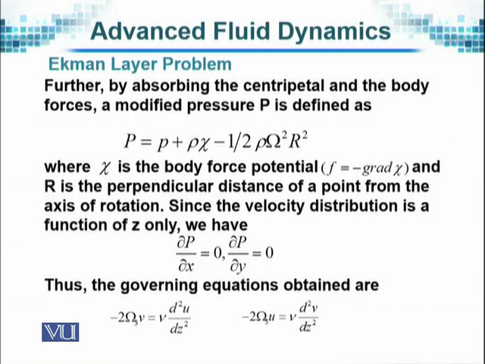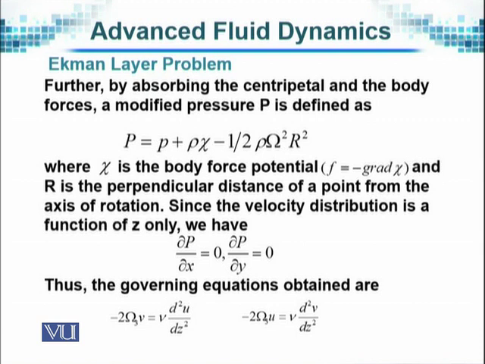Now further, by absorbing the centripetal and the body forces, we define a modified pressure P, in which we take the atmospheric pressure plus rho times chi, where chi absorbs the gravitational forces, or what we call body forces, minus half rho omega squared r squared.